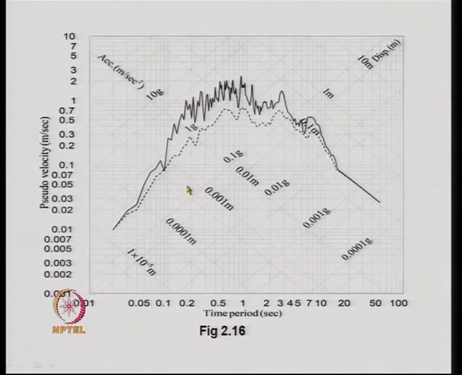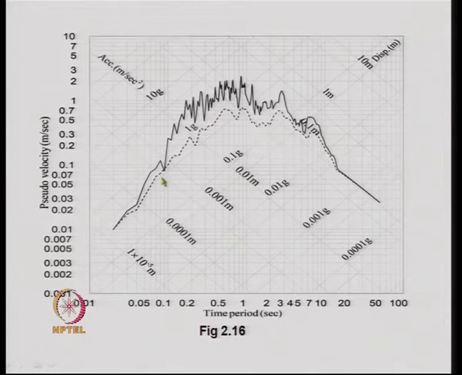Now, we show the plot. This is the log S_v, that is, S_v in the log scale on the vertical axis, and this is the log of not omega n, but log of T_n, shown on the horizontal axis. This inclined line is one axis and this inclined line is another axis.